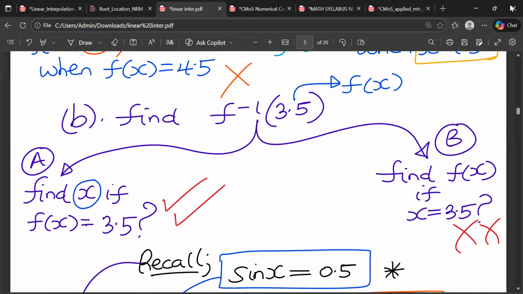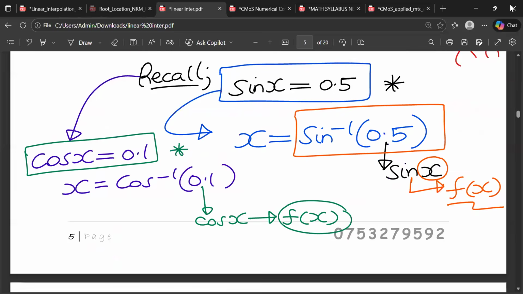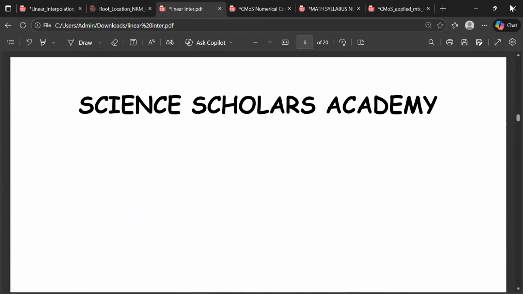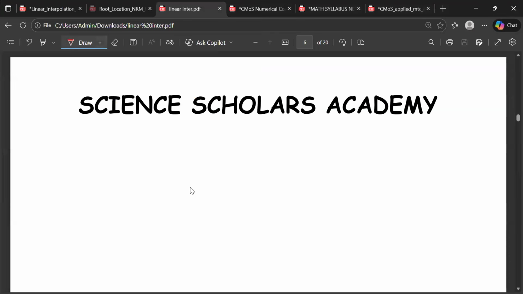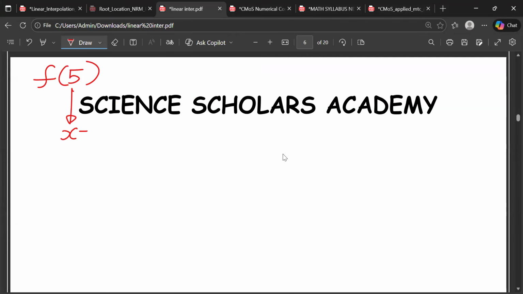So what they want you to find is x. In summary, when they give you f of 5, have it in mind this 5 is x. So x is equal to 5. They want you to get f of x when x is 5, period.